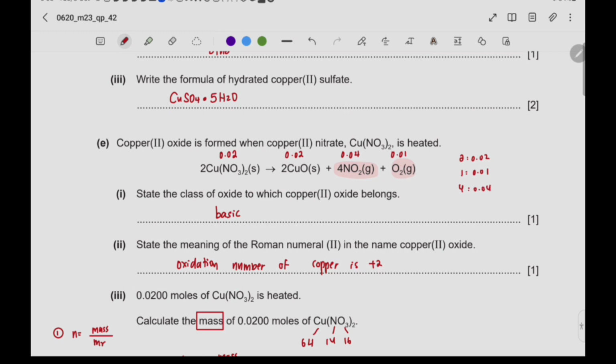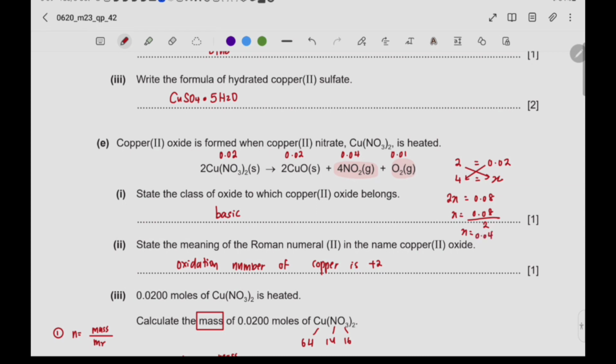If you don't know how to do it, you can cross multiply. What do I mean? 2 equals 0.02 mole. So if 4 equals x, I don't know. So 2 times x, 4 times 0.02, so 2x equals 0.08. Divide by 2, so x equals 0.04.